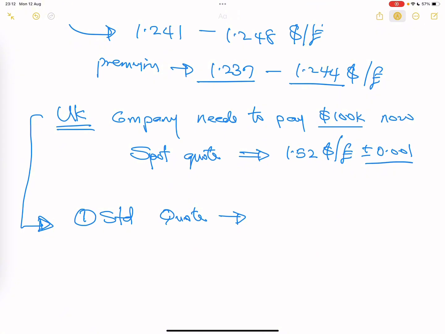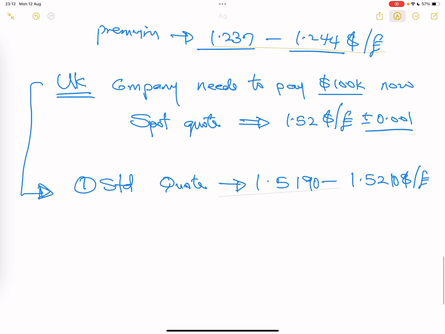So you need to deduct 0.001 to get the buy rate, and add 0.001 to get the sell rate, dollar per pound. To make it easier, we can add a 0 behind. It's fine. So we have our standard quote.